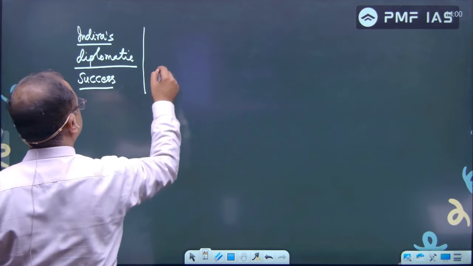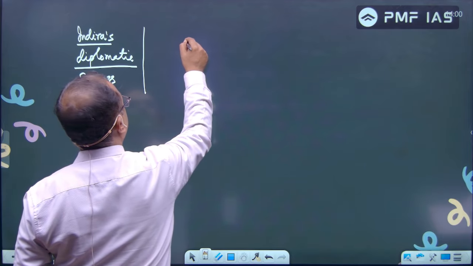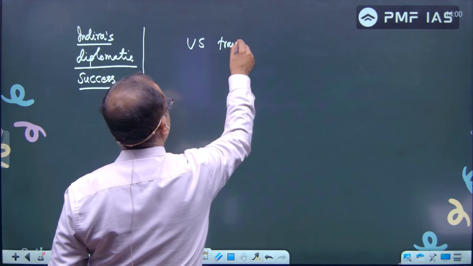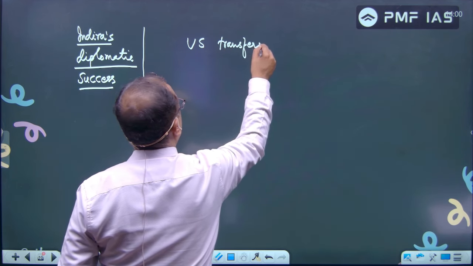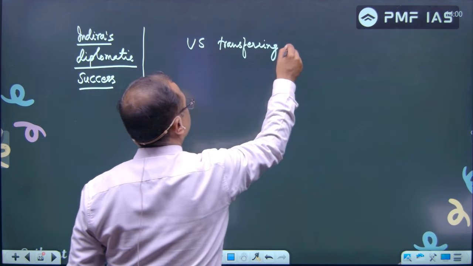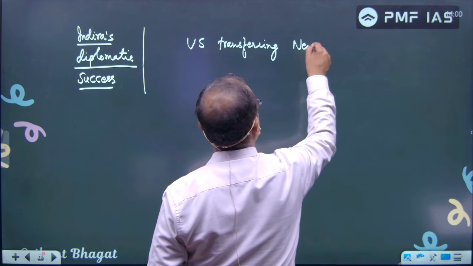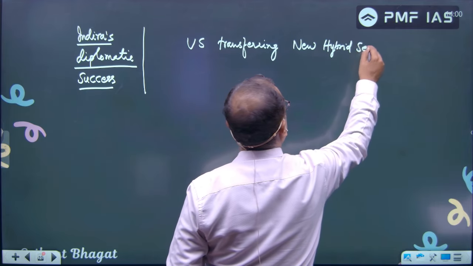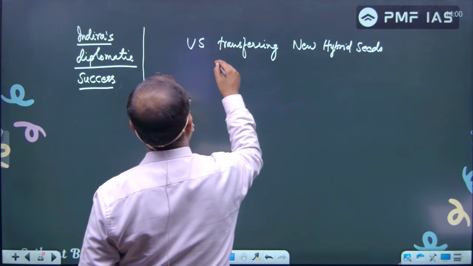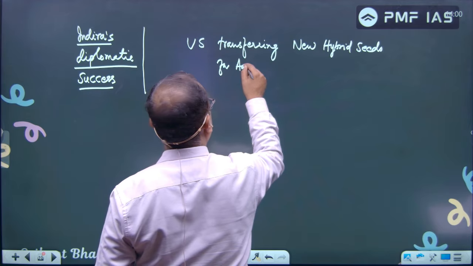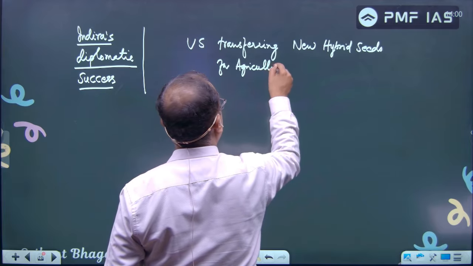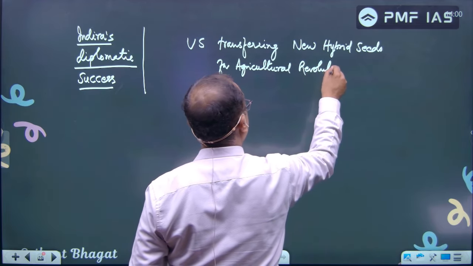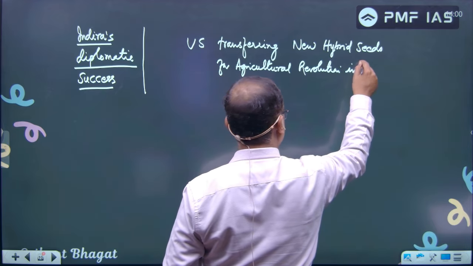What is diplomatic success? So the US transferring new hybrid seeds for agricultural revolution in India.